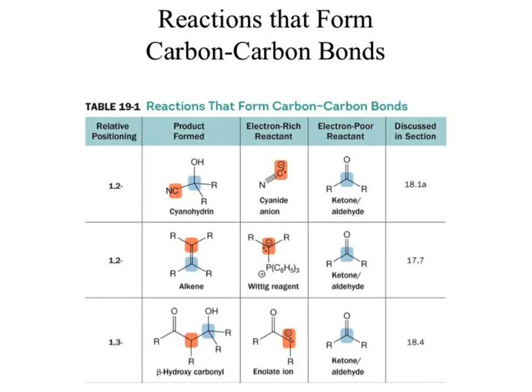Okay? And it's a step better than just listing the reagents, because they also go through and they tell you the section where it's referenced. So you can go back to the chapter and be like, that doesn't make any sense. We didn't talk about Wittig or Wittigs. What are Wittigs? 17.7? Oh, yeah, we did talk about that.